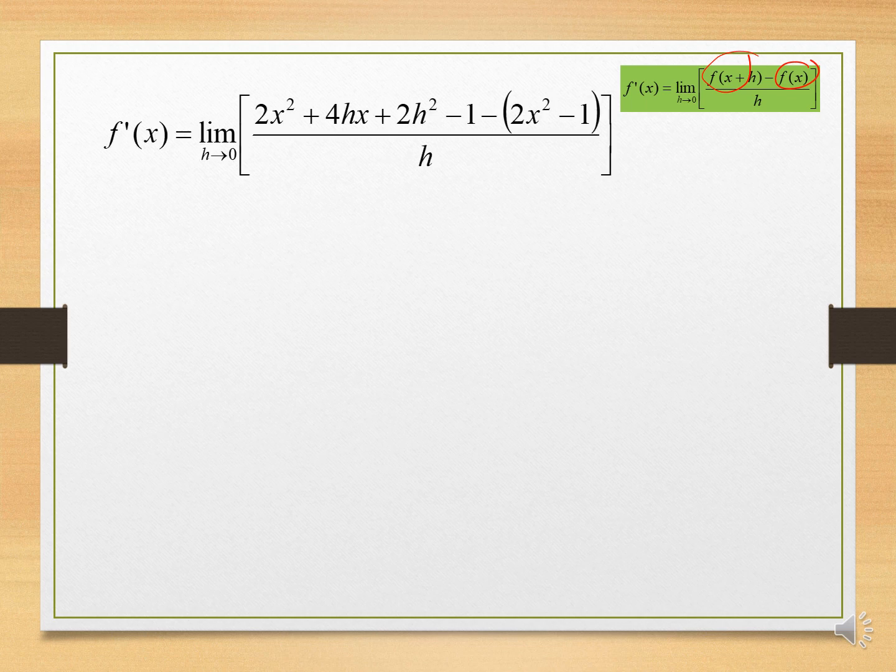Next we're going to substitute both the f(x + h) and f(x) that we have obtained into this formula. So that's why you will get like this. Limit as h approaches 0 of (2x squared + 4hx + 2h squared minus 1), and then you minus the f(x) here, (2x squared minus 1), over h.